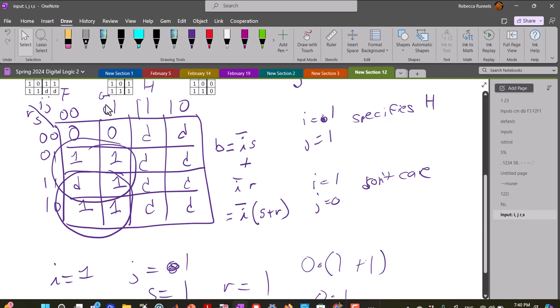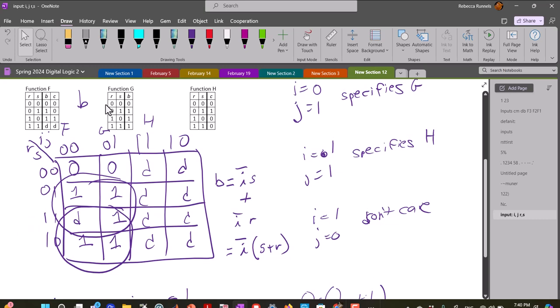Let's see. RS 0, 0, B is 0; 0, 1 is 1; 1, 1 is don't care; and 1, 0 is 1. And for G, I have 1s except for 0, 0.